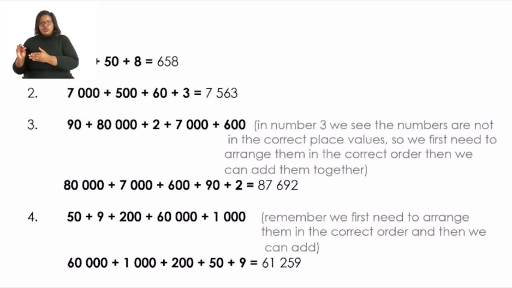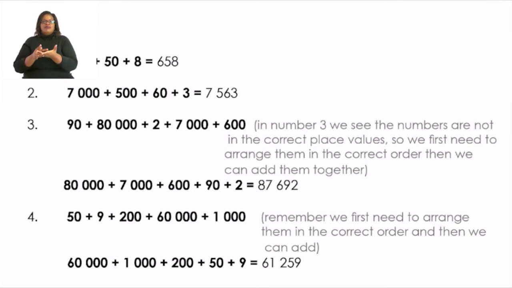Number 4, 50 plus 9 plus 200 plus 60,000 plus 1,000. Remember, we first need to arrange them in the correct order, and then only we can add. So we add them from the biggest value to the smallest. So let's arrange.